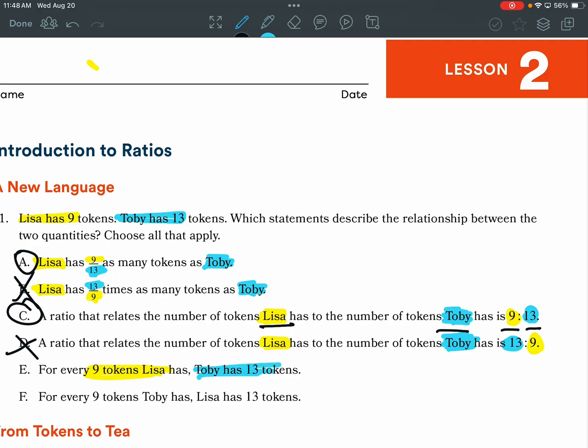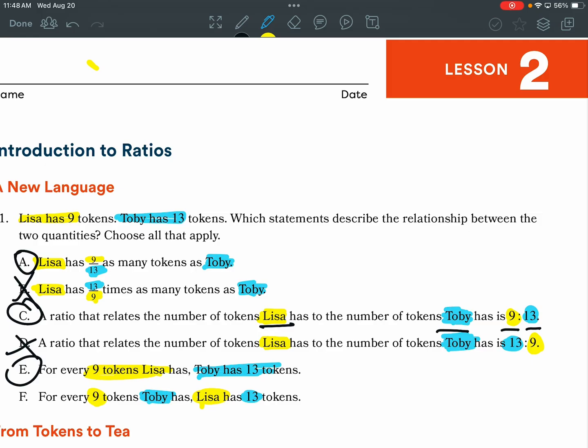True. Okay, I went ahead and highlighted F for you.